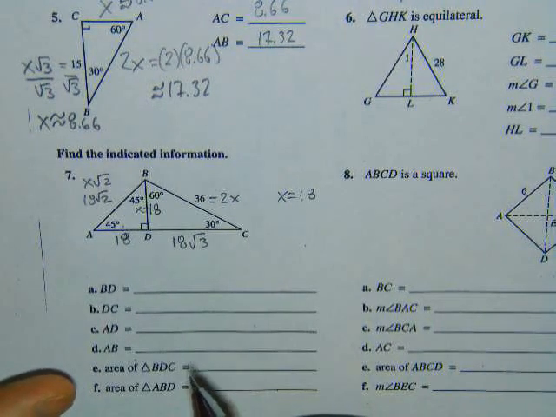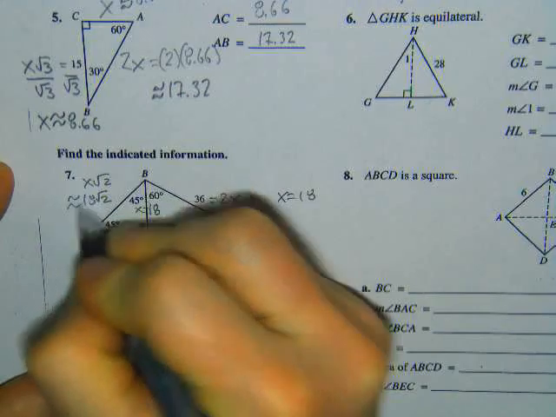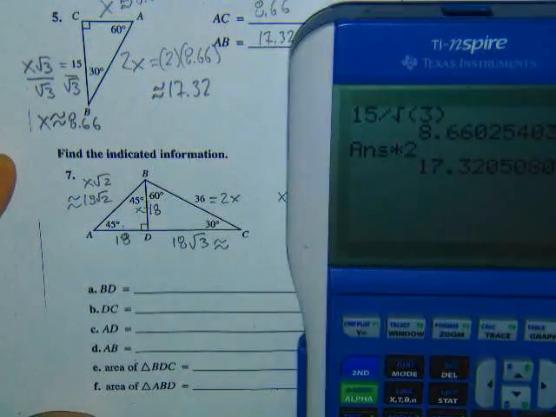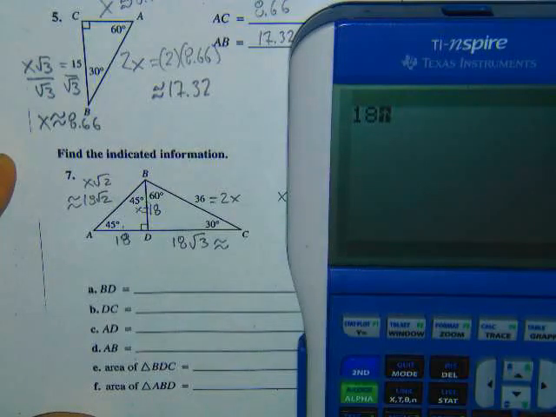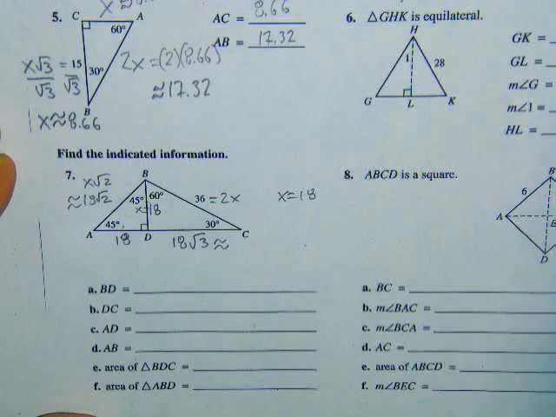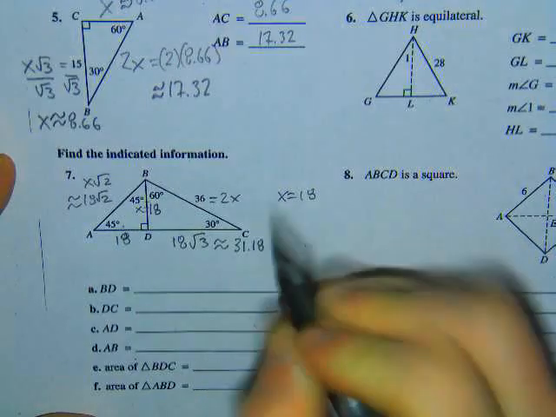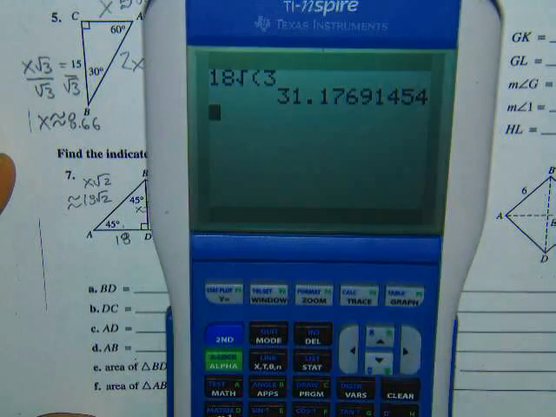I'm going to go ahead and get approximations for these now, so I have them. 31.18. 25.46.